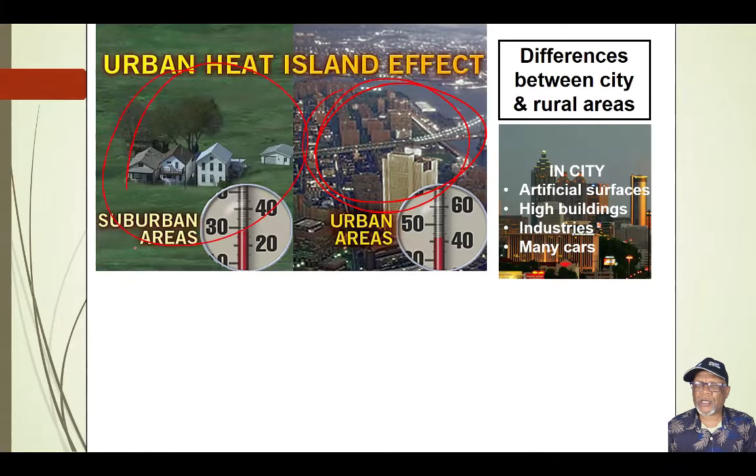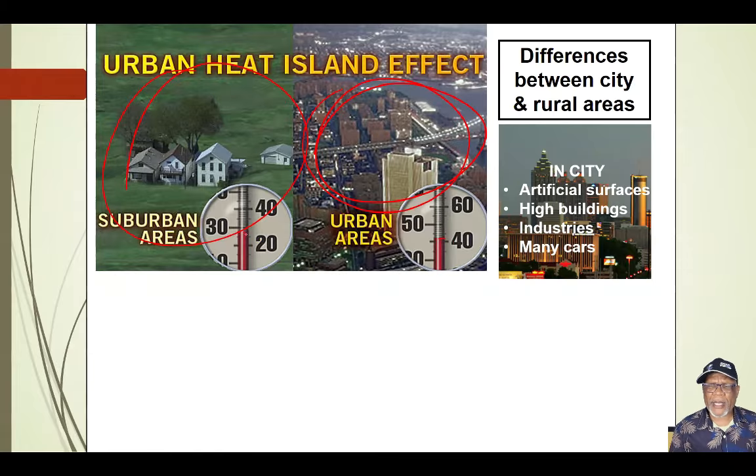Now the question is, why is the urban area warmer? You can see the temperatures here are around 60 degrees, and then here the maximum goes up to about 42, but here it is about 28 or plus.